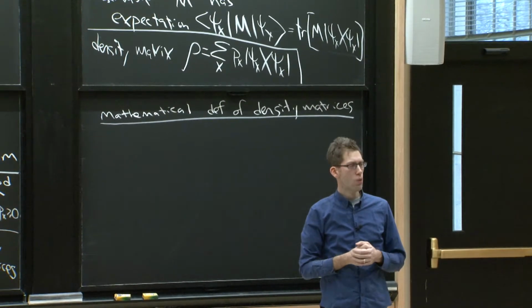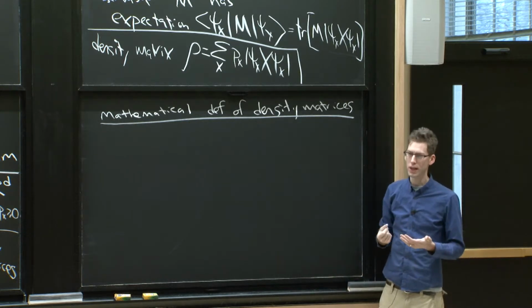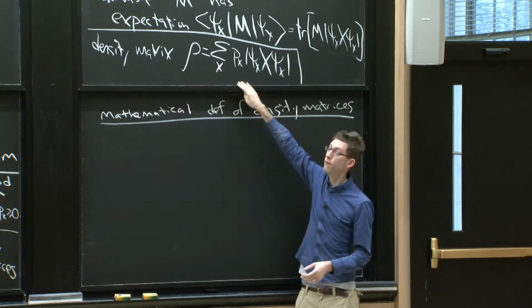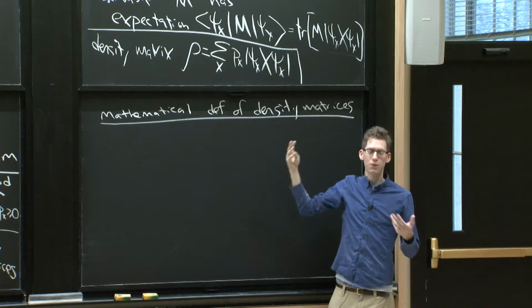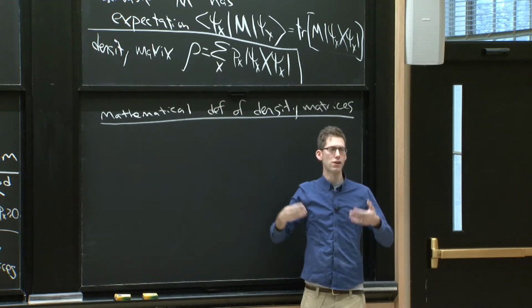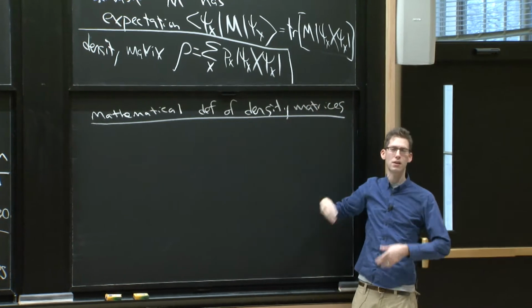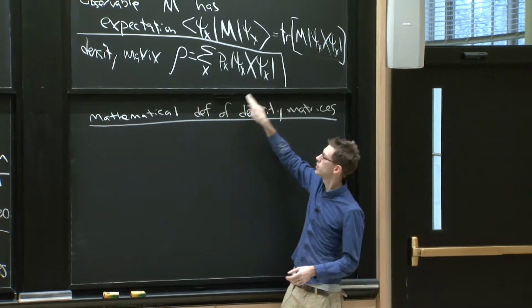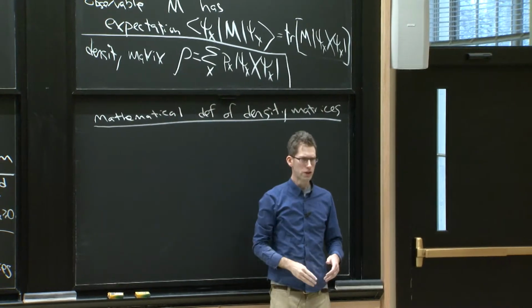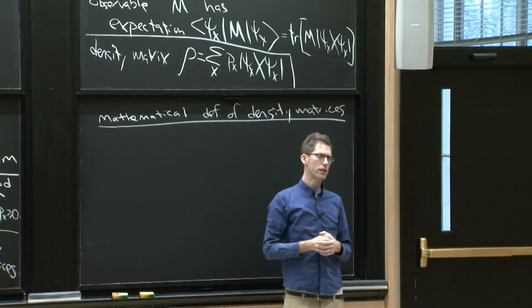If I ask you, what is a density matrix? You would say, well, it's a matrix of this form, meaning rho is a density matrix if there exists an ensemble of quantum states with probabilities p_x and states psi_x, such that if I write out this expression, I get rho. So that's a perfectly valid way of defining density matrices, but it's a little bit cumbersome, right?